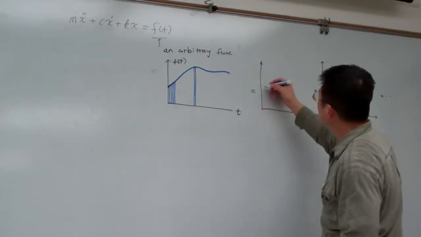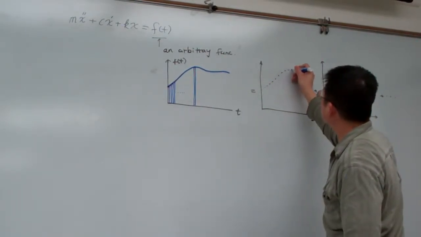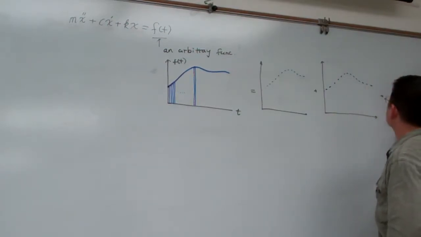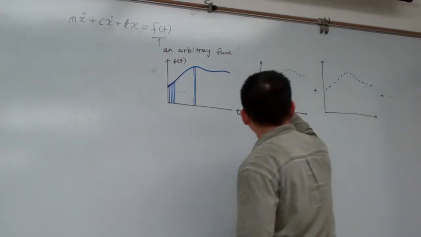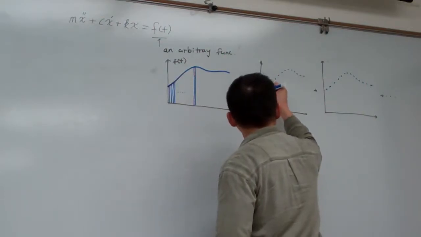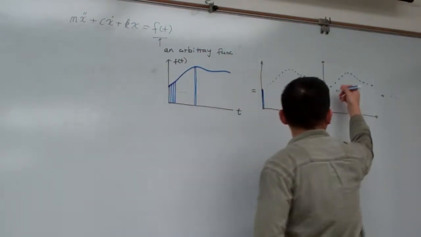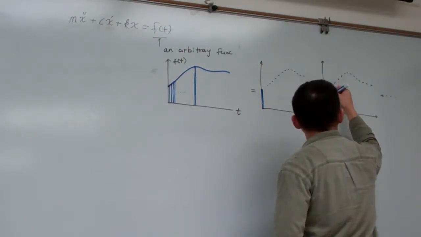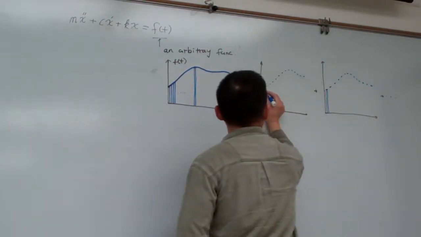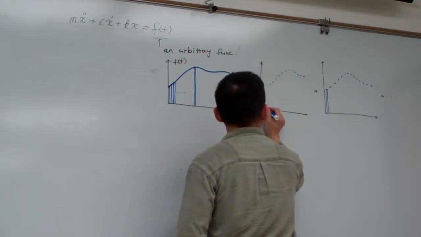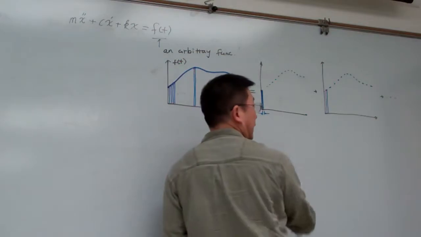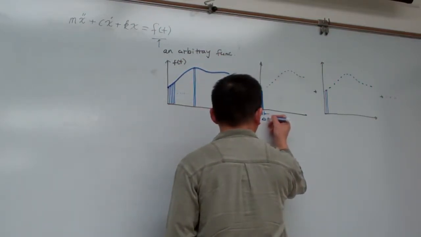Let me highlight the profile of this function. This one is the first small strip, then this one is the second one. Each small strip happens over a very small time period, and let me call it delta t.